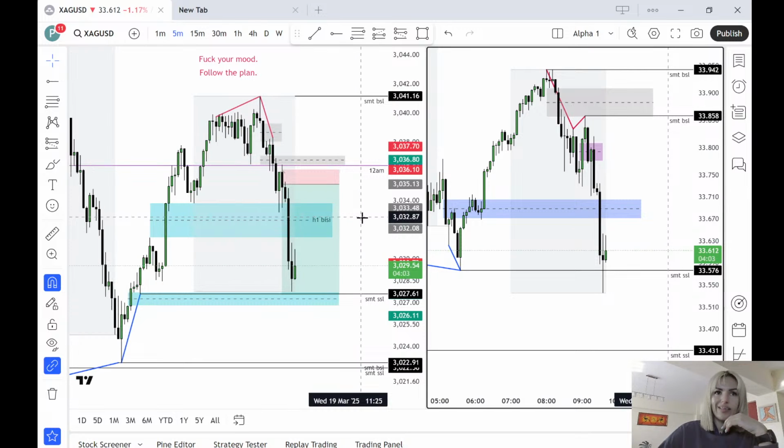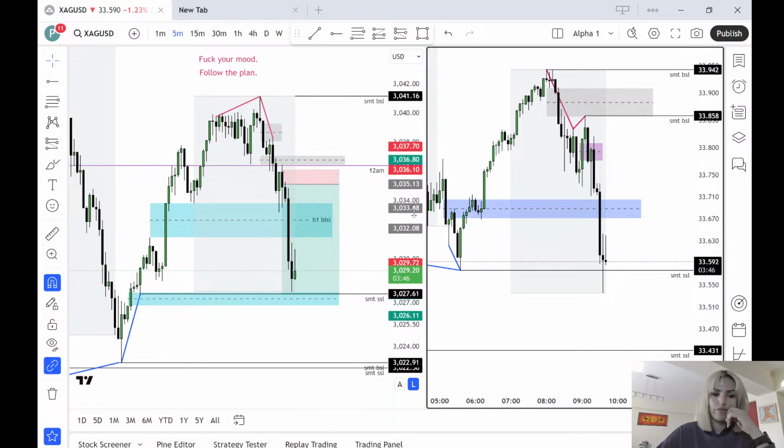Because just think that the market is usually going to build its own set of liquidity during every kill zone, okay? So it's doing that by creating these SMT divergences, and then seeing how price is going to react after taking the liquidity at one of these SMTs.